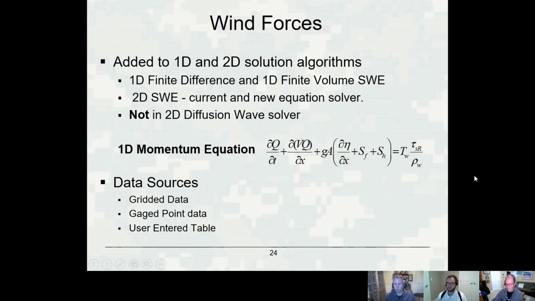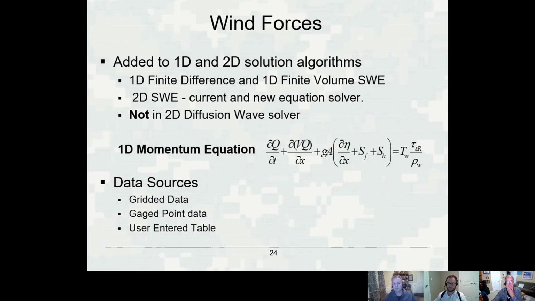We have some names in there: there's one called SWE-ELM, for Eulerian-Lagrangian method, and the new one is SWE-EM, for Eulerian method, and it is only Eulerian. I don't want to go into explaining all that because it's a long discussion, but we could have that as another discussion at some point. It's talked about in the 2D user's manual, so if you want to learn about that, go to the 2D user's manual.